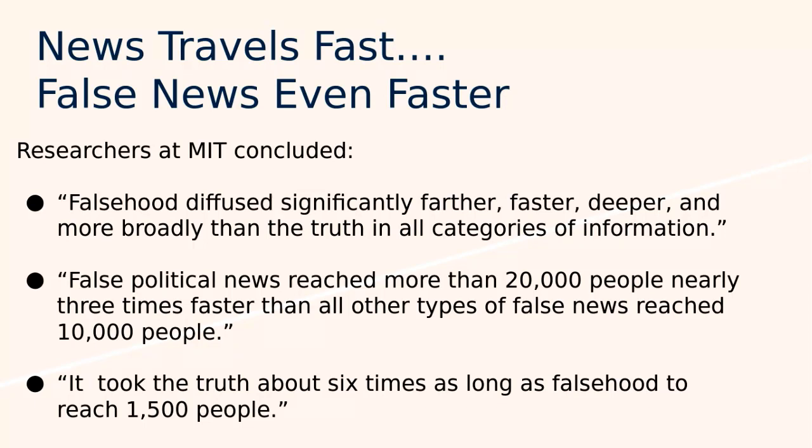So false political news specifically reached more than 20,000 people nearly 3 times faster than all other types of false news, which reached 10,000 people. And then it took the truth, so they categorized articles that were true, it took those 6 times as long as falsehood to reach 1,500 people. So false news traveled faster than truth, which are some scary conclusions.